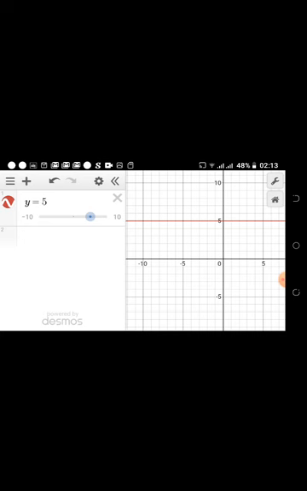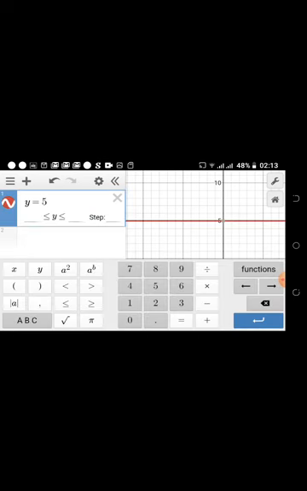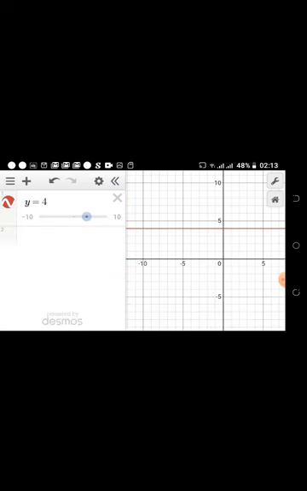Again, if I change it to 4, you will see what will happen. The line will move to 4 and it will still be parallel to the x-axis. Can you see? For y equals 4, it has dropped from 5 to 4.